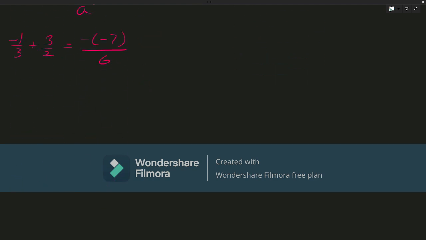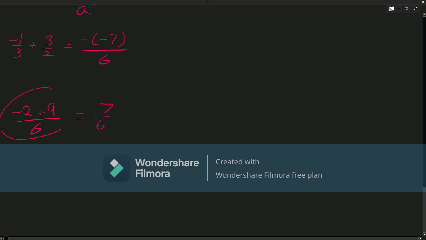Now if we solve them, in order to get the LCM of 3 and 2 for the LHS side, it is going to be 6. So minus 2 upon 6 plus 9 upon 6, and this will be 7 upon 6. Now watch this one.